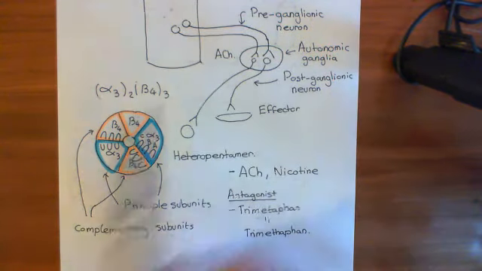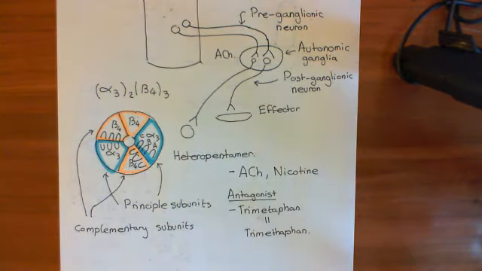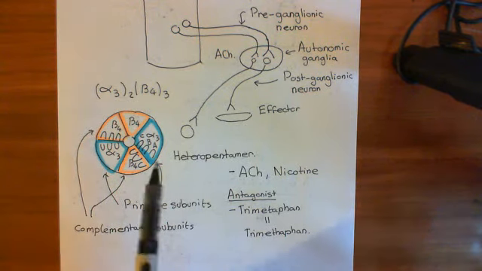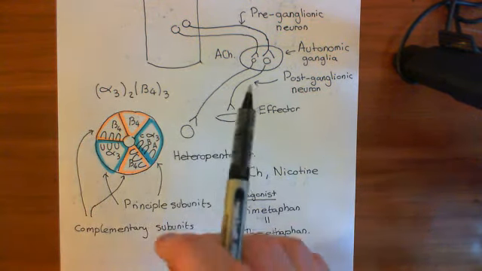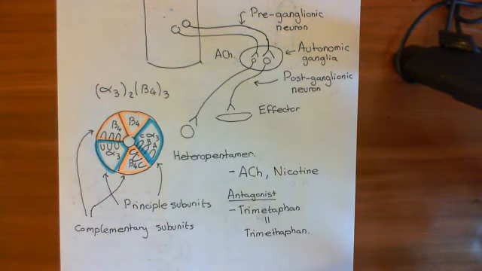So when acetylcholine is released by the pre-ganglionic autonomic neurons, it won't be able to have any effect on the postganglionic neuron. So you're going to stop the function of both the sympathetic and the parasympathetic neurons.